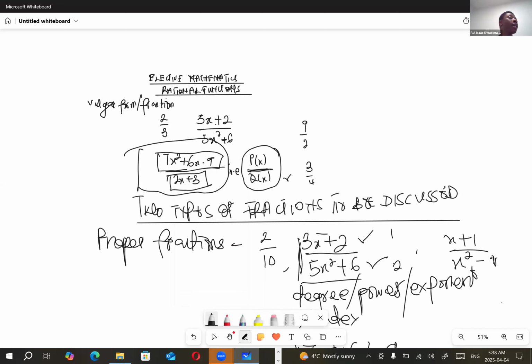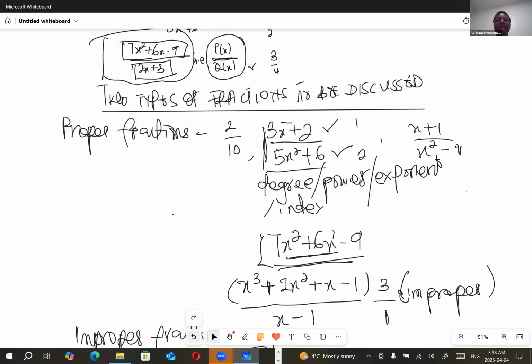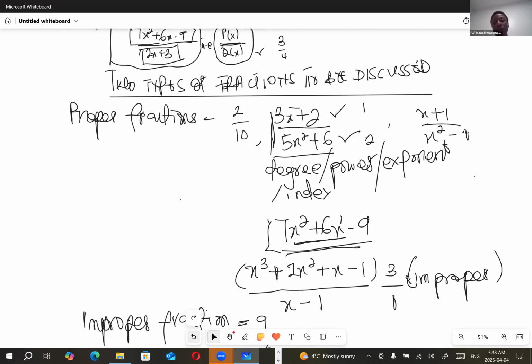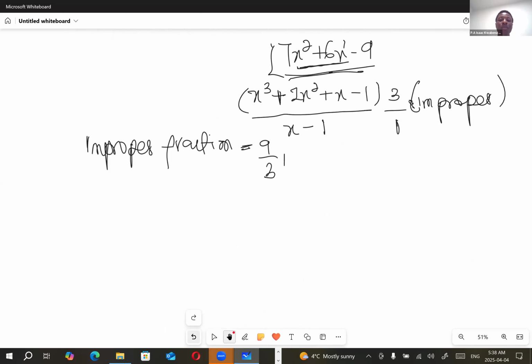Another thing I'm seeing here is I have to teach you how to investigate for the domain of rational functions. So let's look at that. Now, whether it's proper or improper, they are all rational functions. Okay? Can we move on, guys?